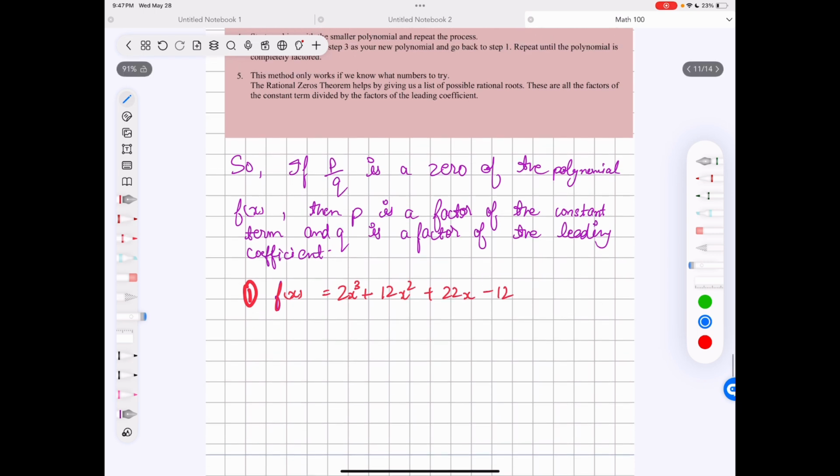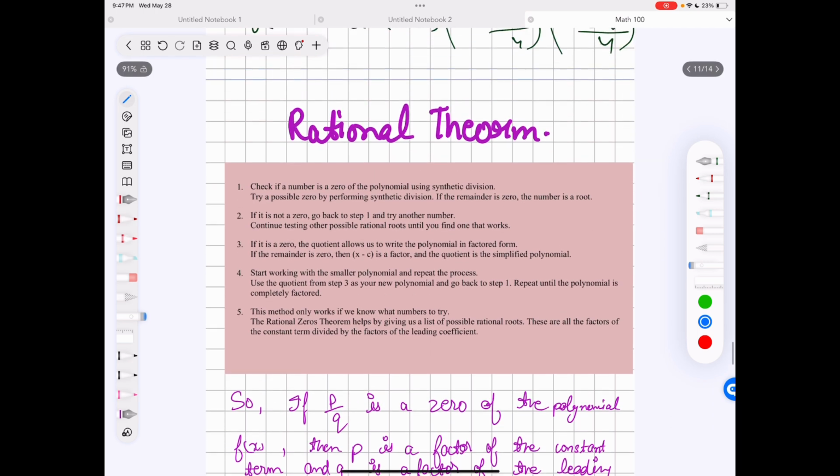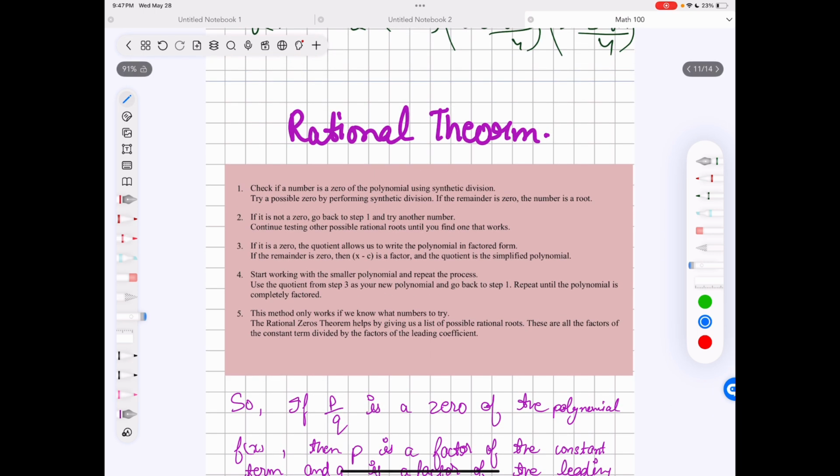I will first explain some of these rules. We would have to check if a number is a zero of the polynomial using synthetic division. Try a possible zero by performing synthetic division. If the remainder is 0, the number is a root.